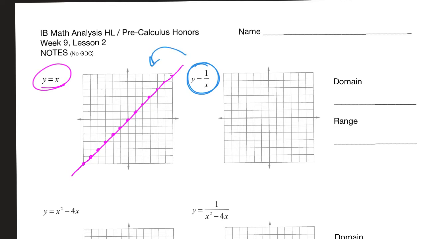So what I'm going to do is take every one of those dots, every one of those y values, and take the reciprocal. So like this one, that is what, -5? 1, 2, 3, 4. Oh, I stand corrected, -6. The reciprocal of -6 is -1/6.